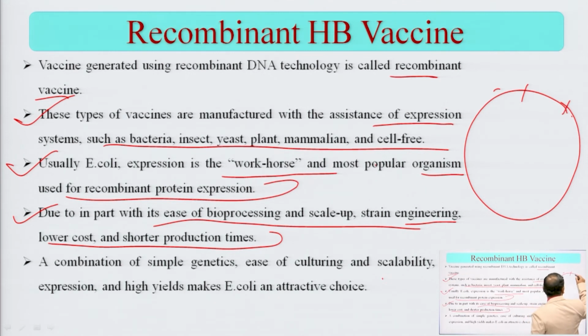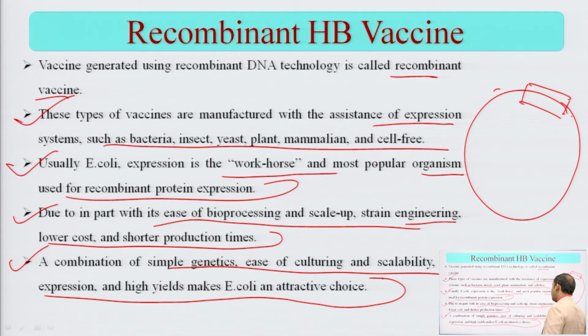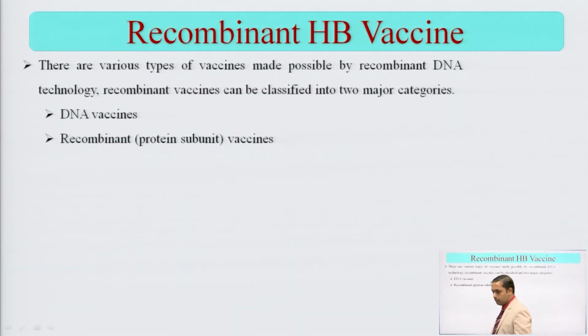In this part, the gene of interest was added. So, that is why it is a very simple process and it is becoming so popular. A combination of simple genetics, ease of culturing, scalability, fast expression and high yield make E. coli an attractive choice.